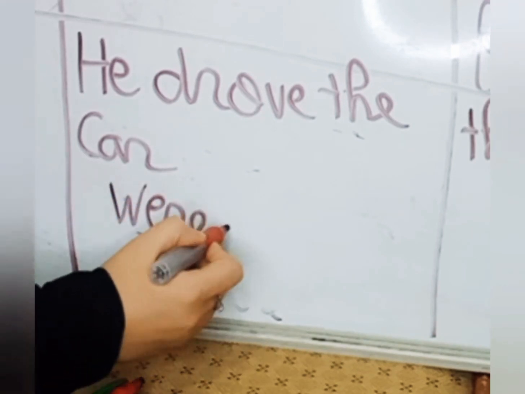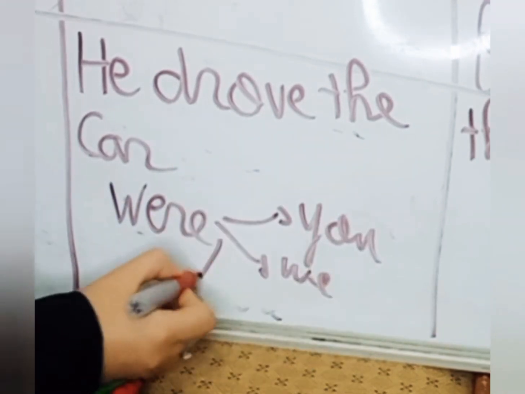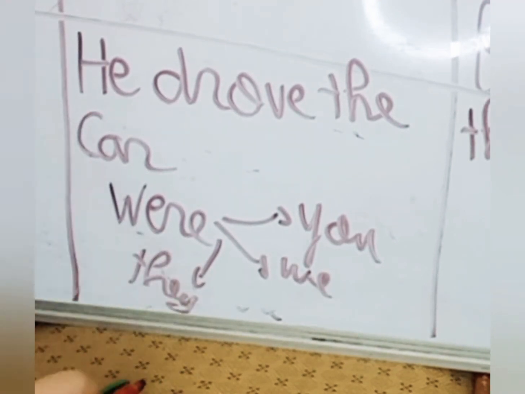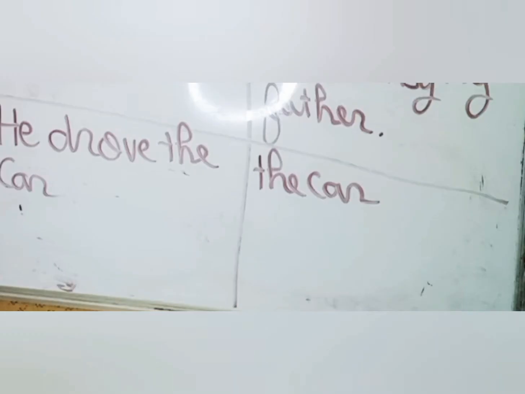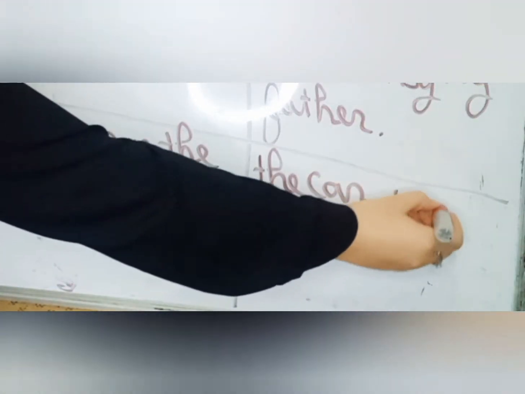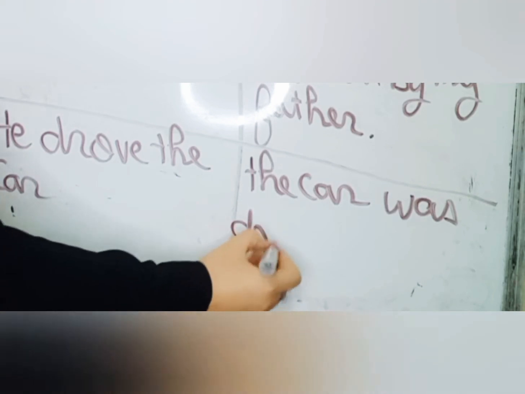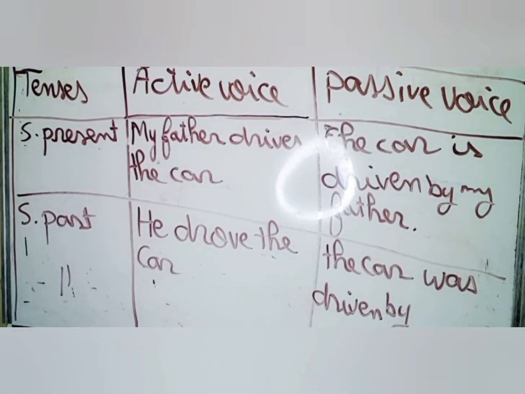With what? With you, we, they, were. So here the car نعوضها ب it. What do we say? Was what? Was driven, same past participle, driven by.